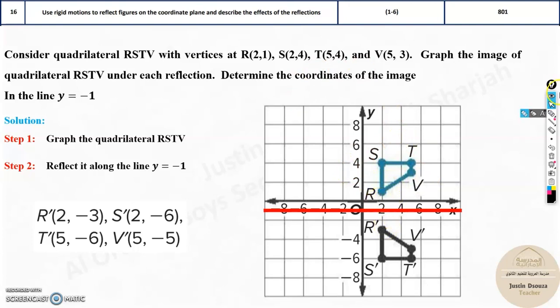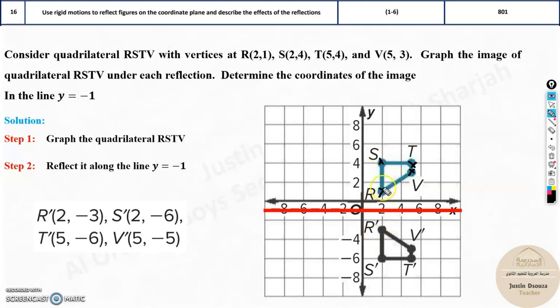Then you need to measure the distance from here and find out which is the reflected image. Now, what if in your question they don't give this because it's written over here? They have given only the answer. It's fine. Look into one of the figures, the coordinates, and you need to plot this, this, and this, RSTV. And then count the distance over here, 2, right?